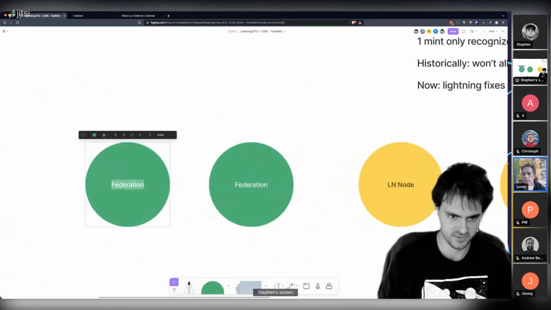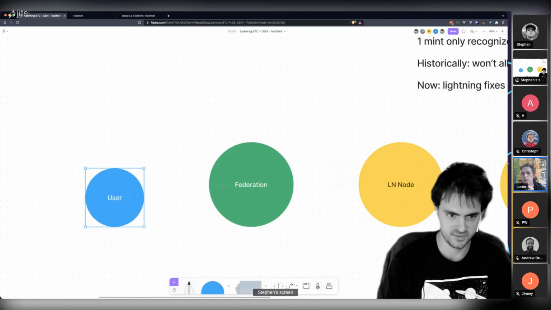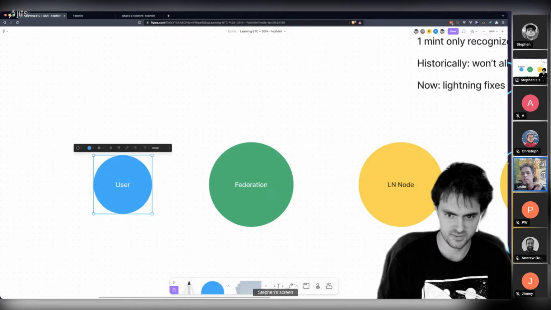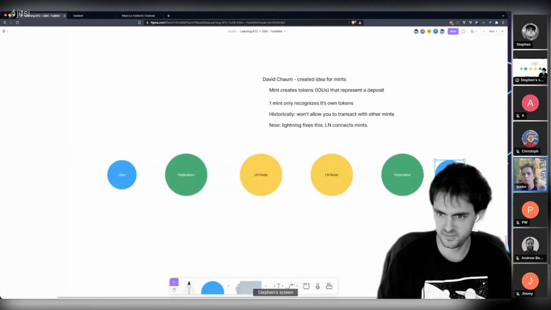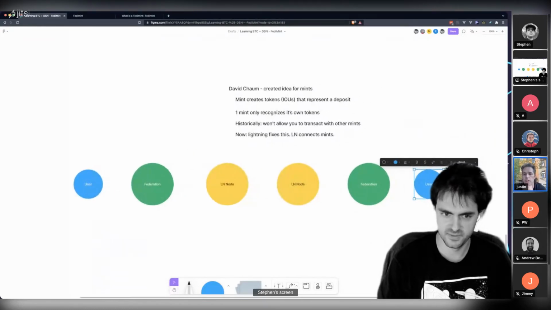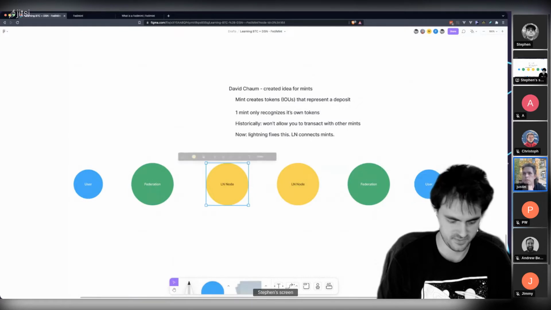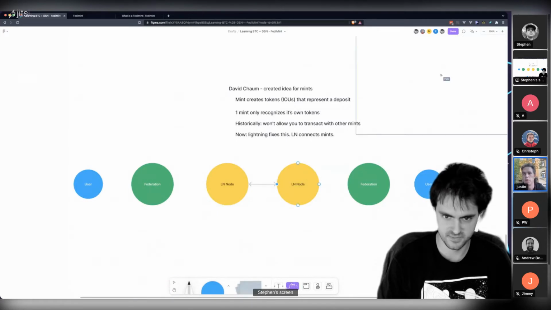It's trying to add something. It's kind of like Taro, for example. Taro is trying to introduce the idea of assets and stablecoins into Bitcoin. And the good thing about it is that it's building on top of Lightning. So if it works, it'll make Lightning bigger and more liquid. And I think the same thing is true of FediMint as well. If it works, it will make Lightning better.